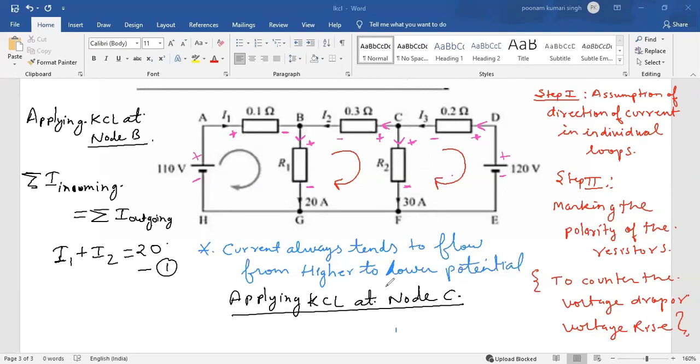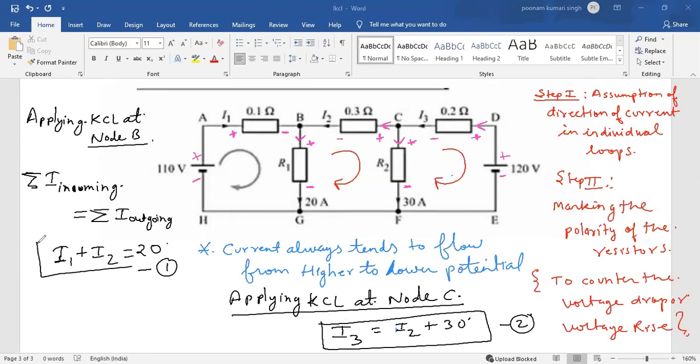So it is I3. Okay, what about outgoing, I2 and yes, 30 amperes. So it should be I2 plus 30. So this is your second equation and this is my first equation.